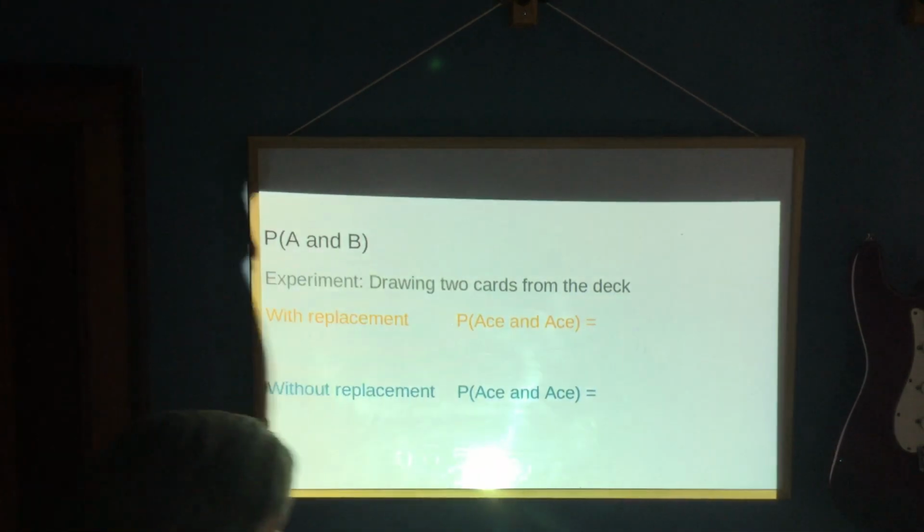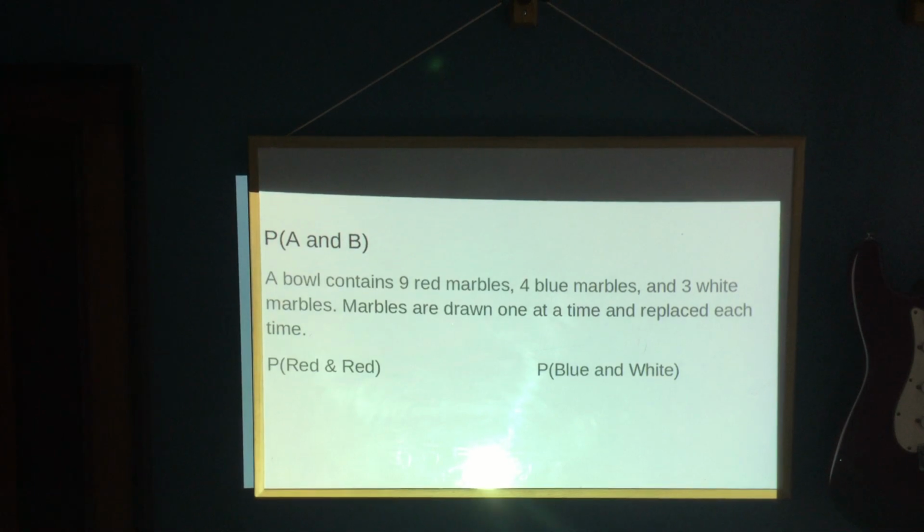We'll get away from cards here. We have a bowl, and in the bowl we have 9 red marbles, 4 blue marbles, and 3 white marbles. Marbles are drawn one at a time and replaced each time.